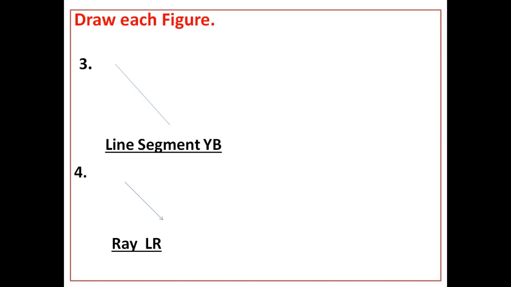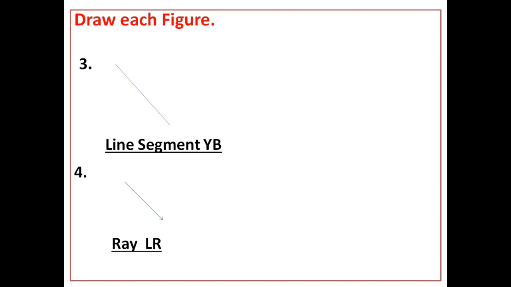As you know, the definition of a line segment is a part of a line between two endpoints. It has two endpoints. It's a line segment and the name is YB. You will write Y on one side and B on the other side.